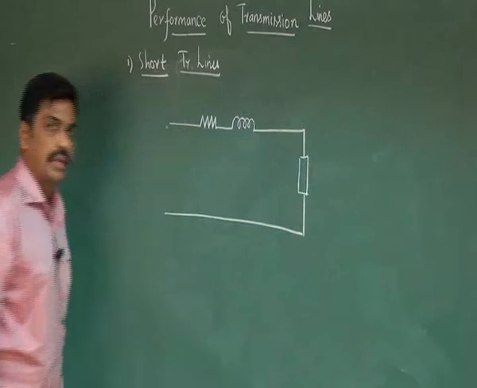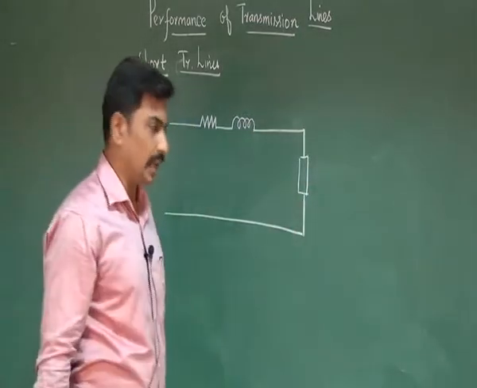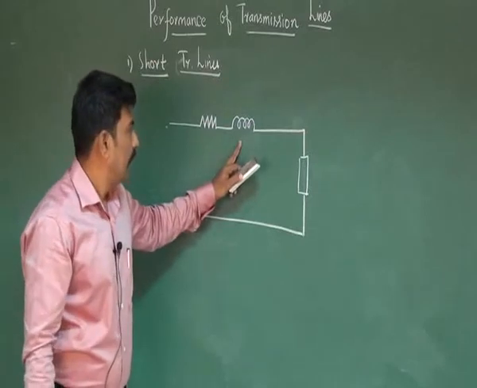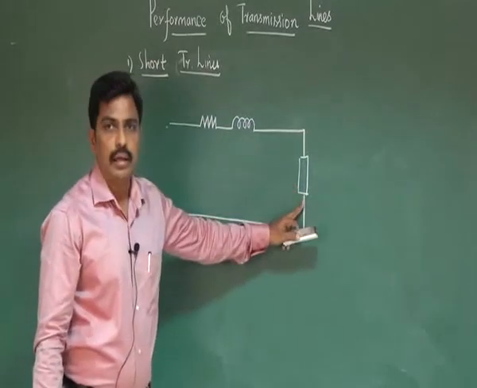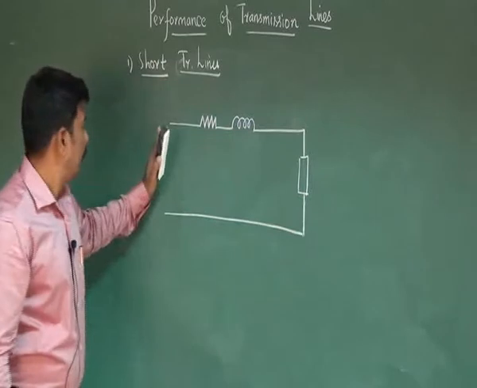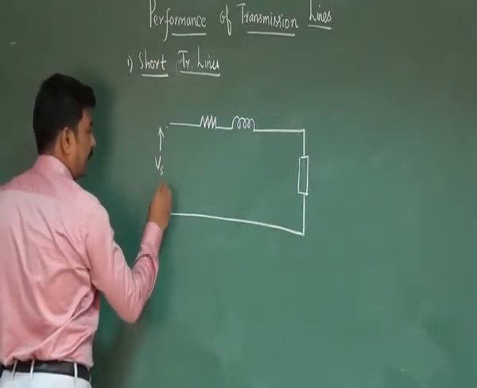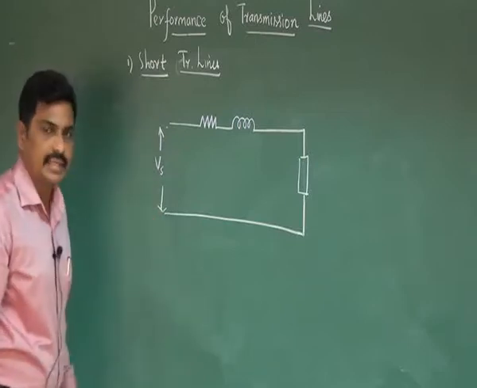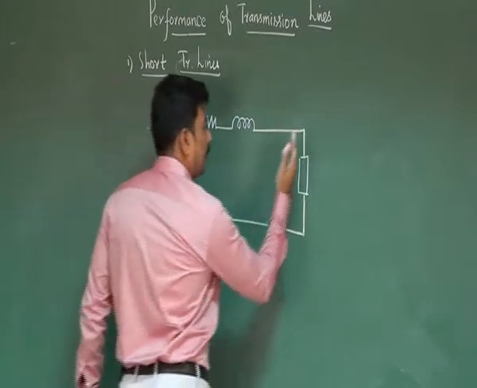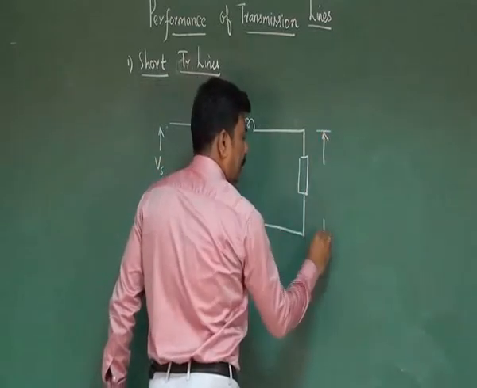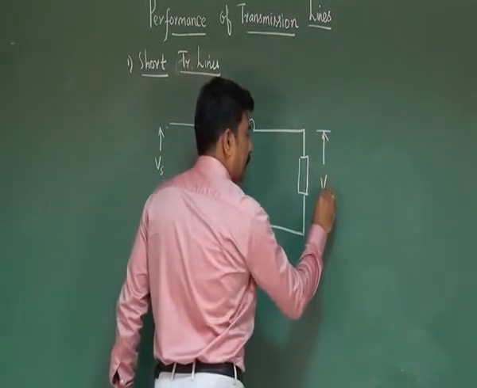It represents the short transmission line. Now, this short transmission line delivers power to the load. This part is sending end part. Sending end part has sending end voltage Vs. Now here we have a load. The load is supplied at the receiving end voltage Vr.